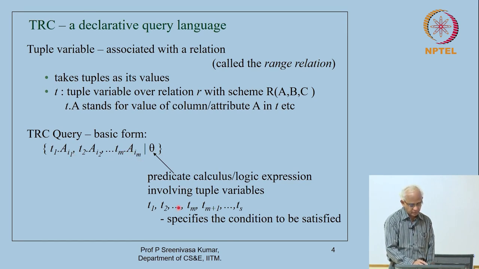We will see examples and this aspect will become clear. Basically this theta is going to be a predicate logic expression which specifies the condition to be satisfied by the result. I will give you examples so that this point becomes clear. Let us start with some examples. The best way to learn about TRC is to work with examples only.